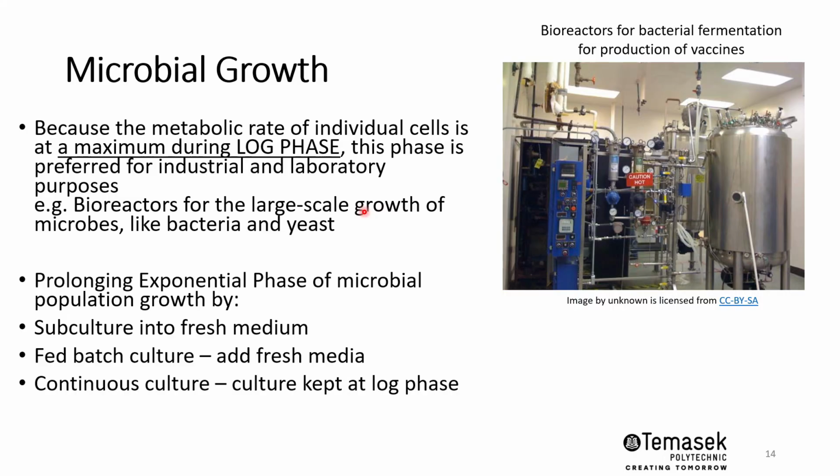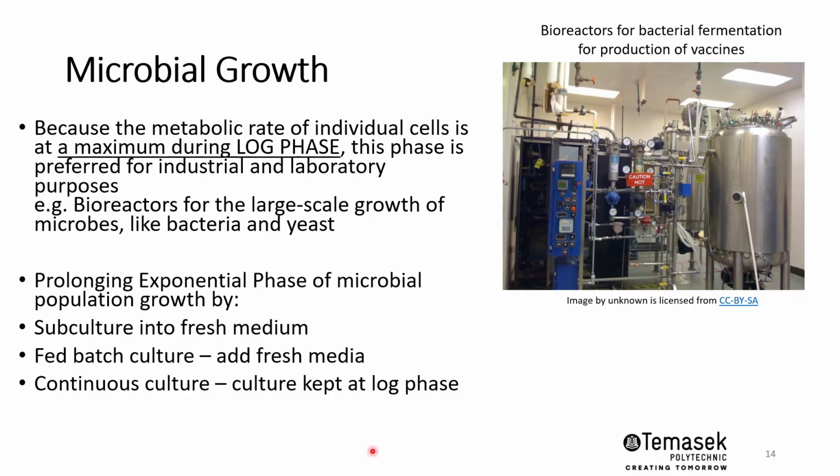In this phase, this is where we will often extract them and use them for experimental purposes. There are some ways to prolong the exponential phase of the microbial growth population. We can either subculture into fresh media, or we convert this into a fed batch culture where we add fresh media to dilute out your metabolic waste, but at the same time provide new nutrients.